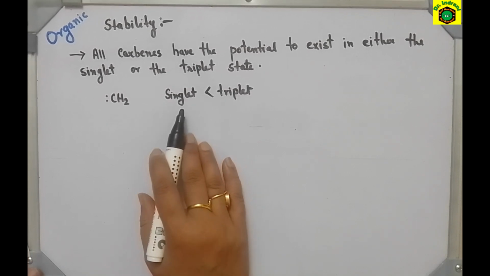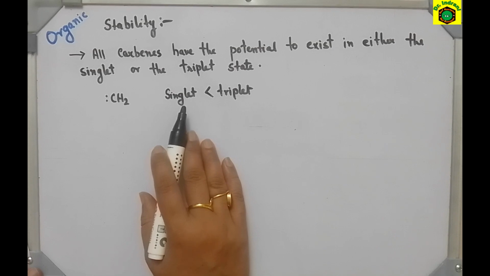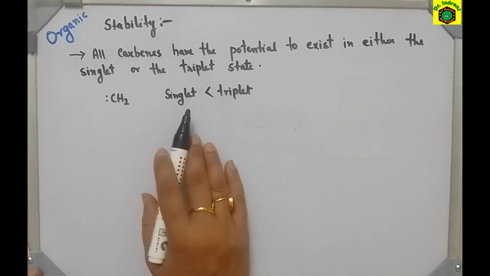What's the reason? Due to spin pairing, energy of the singlet carbene should be released, and the system should be stable.